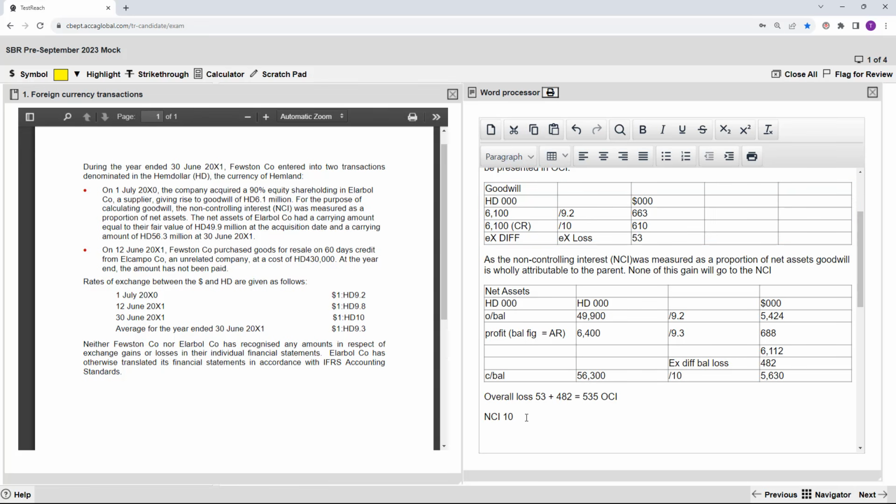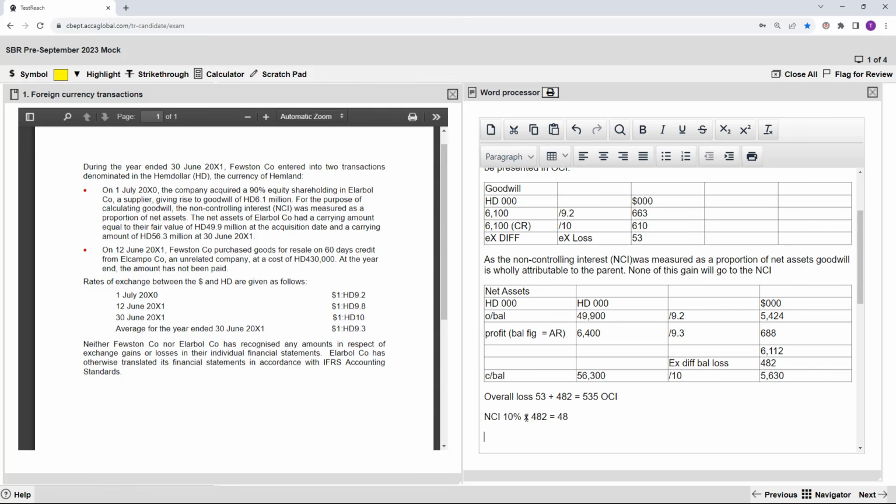Now, the non-controlling interest doesn't have an interest in the goodwill. So the NCI will only have an interest in the exchange difference of 482, to do with the net assets. Although I can calculate that in my head, I do think that one is worth showing.